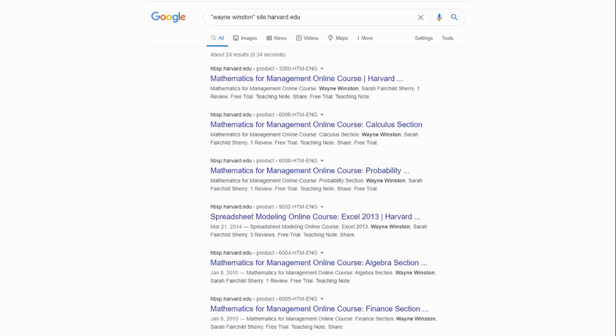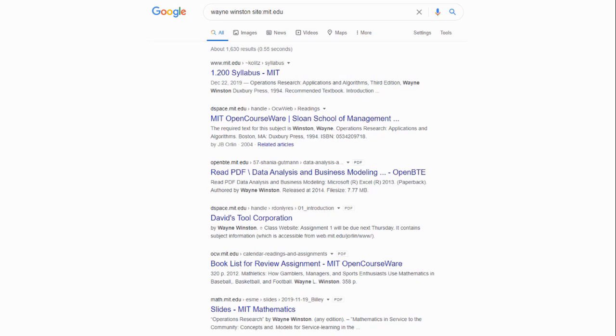And so, yeah, they're using his books, Mathematics for Management. They're using his data analysis books in his courses and things like that. So Harvard's using him, but let's just look at some other schools, right? So the next one would be MIT. And you can see the syllabus of MIT is using his operations research book. You can see MIT OpenCourseWare is using his stuff, and the list goes on and on.